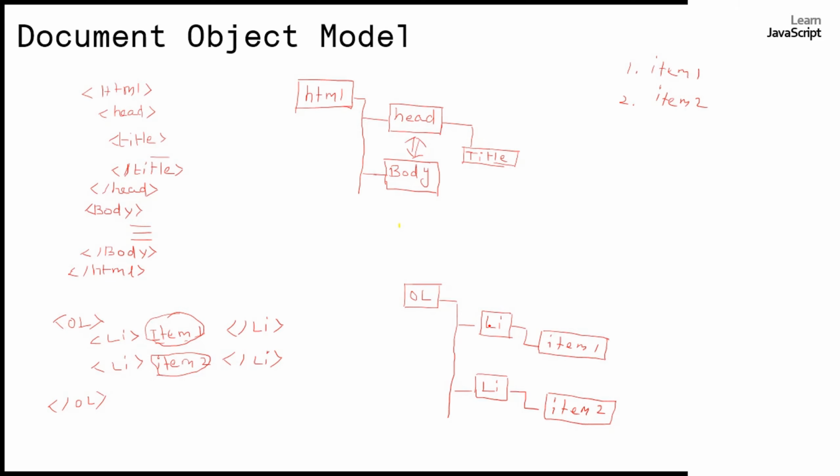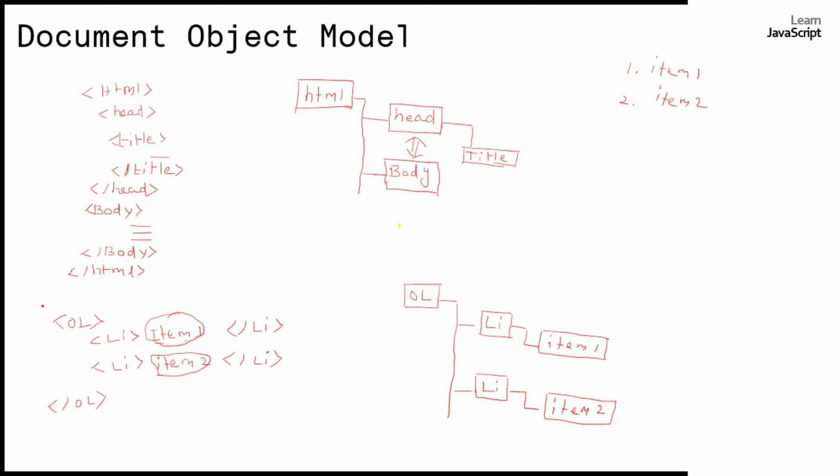And now if you look at both, list element has one child element item. So even though it is a text, it is still treated as a child of a list element. So here this is the list element li, which has a child item 1. Similarly, this is one more list element which has a child element item 2. So the parent for both these list items is OL.